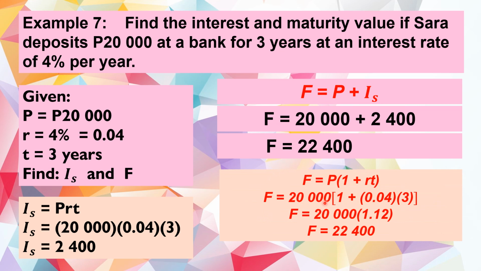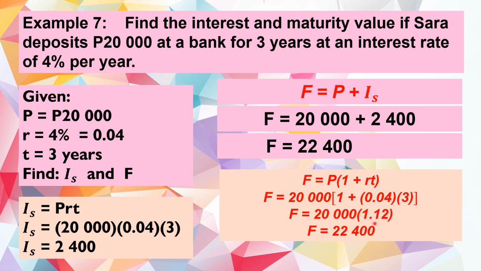Pwede rin naman natin gamitin yung una nating formula na ginamit natin sa example 6. Just substitute all the given. So, yung P natin is 20,000 times the quantity 1 plus yung R natin is 0.04 times yung time is 3. So, simplifying this now, 1 plus 0.04 times 3 is equal to 1.12.